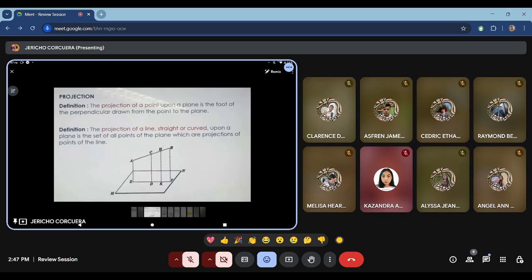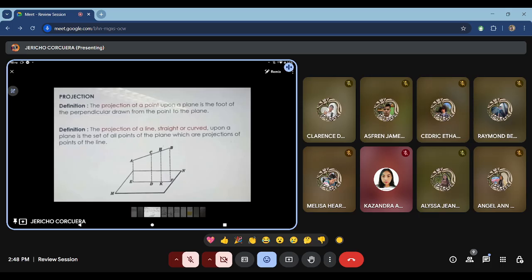And the projection of a line, straight or curved, upon the plane is the set of all points of the plane which are projections of points of the line. So we have here the projection of the point. Let's say we have point A, and the projection is the foot of the perpendicular drawn from the point to the plane.